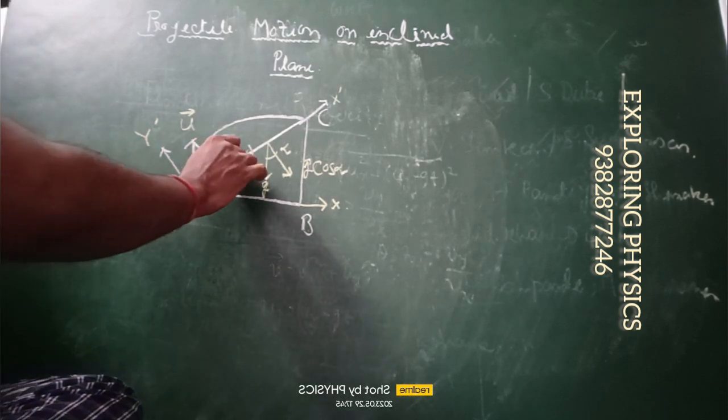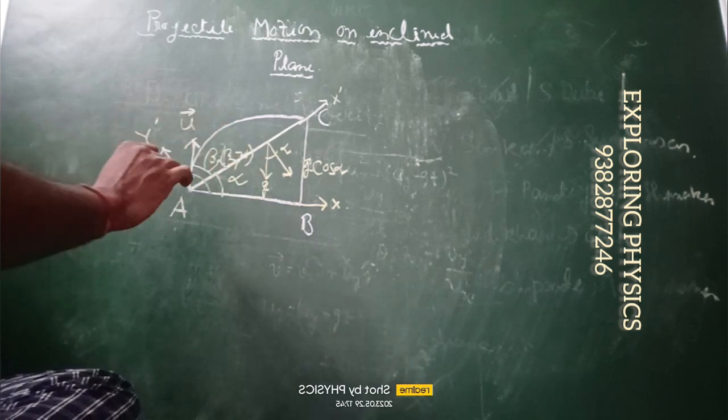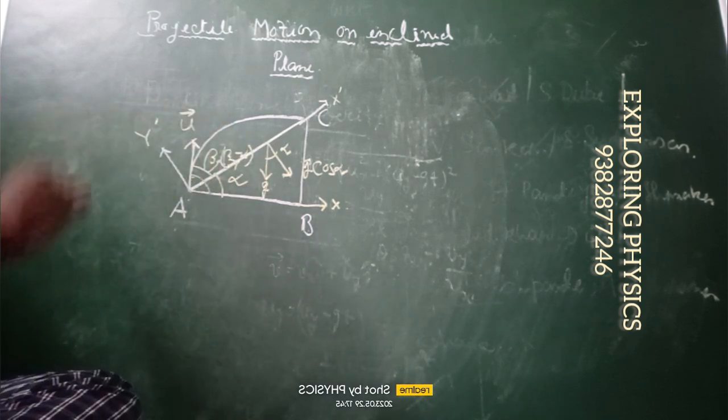Now we have the two components along AC or along AY dashed.